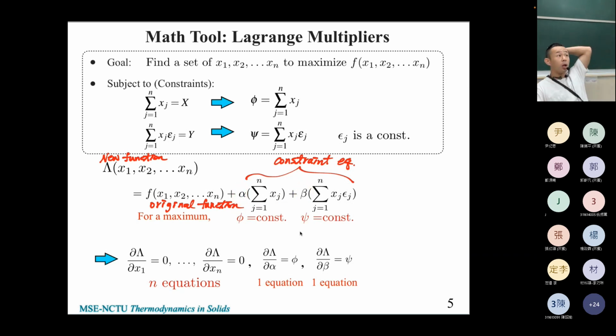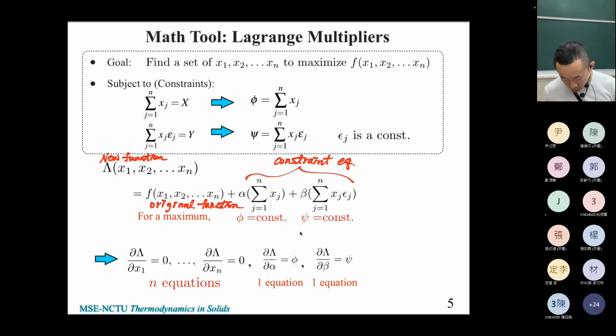So the new function is the original function plus the constraint equations, but with alpha and beta. The alpha and beta are called Lagrange multipliers. You just multiply the two constraints by the coefficients alpha and beta. The constraints are phi and psi, maybe.